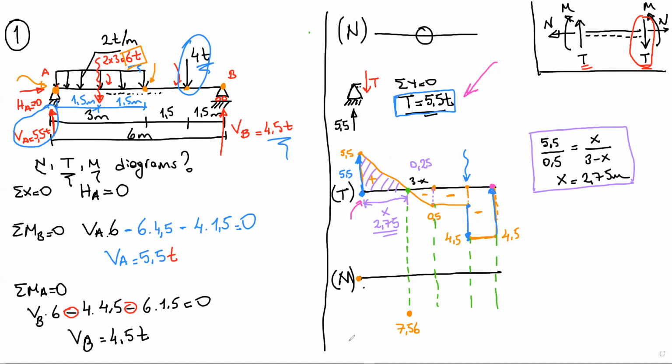Okay, how am I gonna connect this point to here? Our shear force diagram is a first degree curve, linear, a line. So we increase the degree by 1 from the shear force diagram. So this is gonna be a second degree curve.